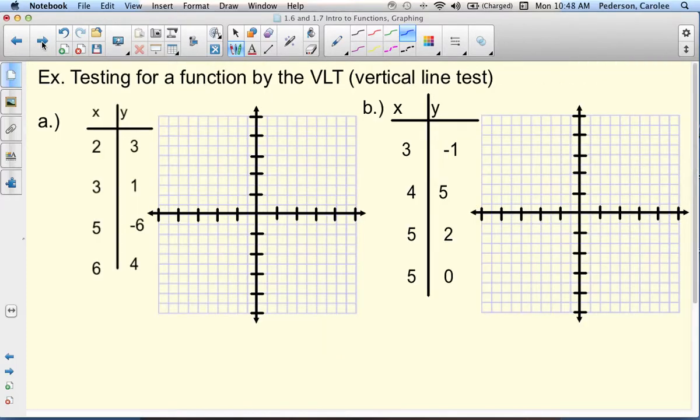So let's practice this with some ordered pairs. So let's graph our first ordered pair. Over 2, up 3. Then over 3, up 1. Over 5, down 6. And then over 6, up 4.